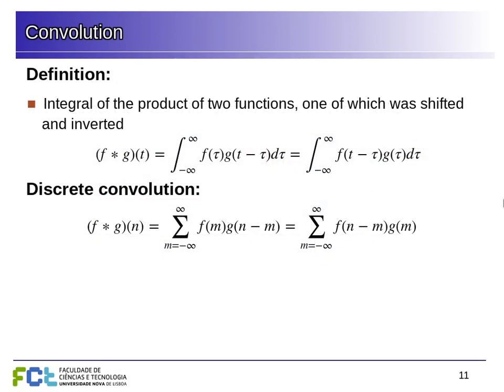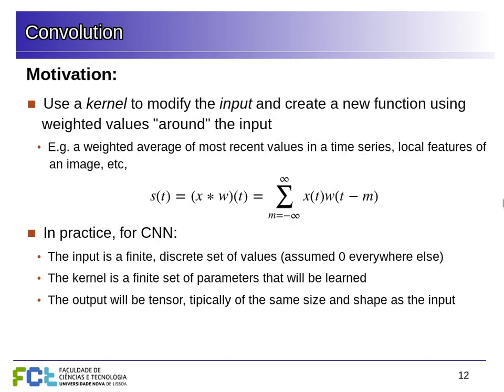So this is for continuous functions. We use the integral. If we have discrete vectors of values, instead of the integral, we can consider the sum. We can consider the sum from minus infinity to infinity, but if we have a narrow interval where we have those values, so if we have finite vectors, we can also imagine that they are zero outside the vector, and so only those values inside will matter.